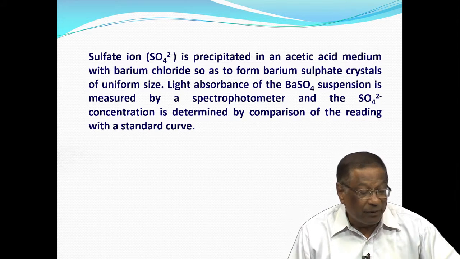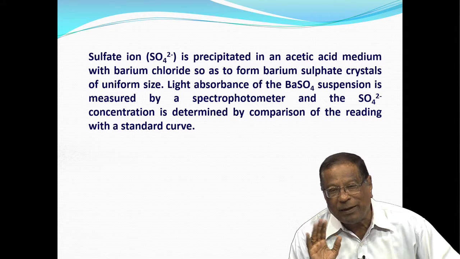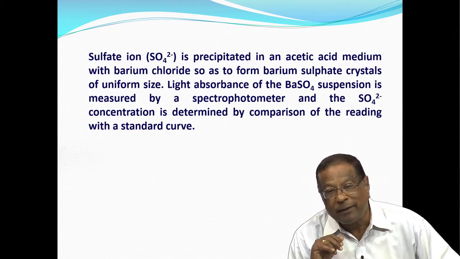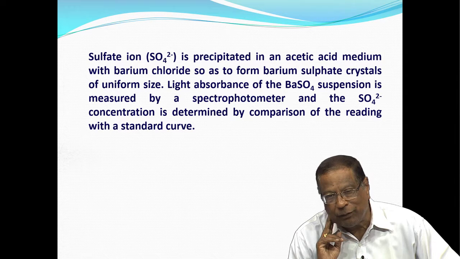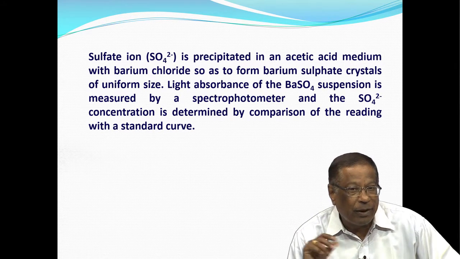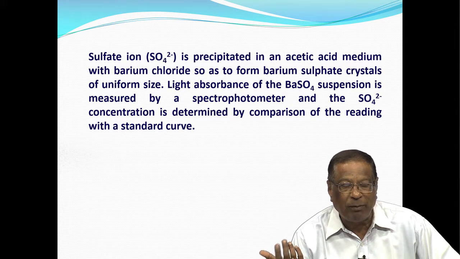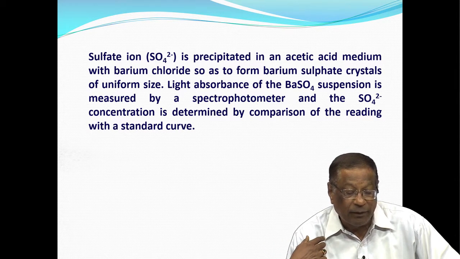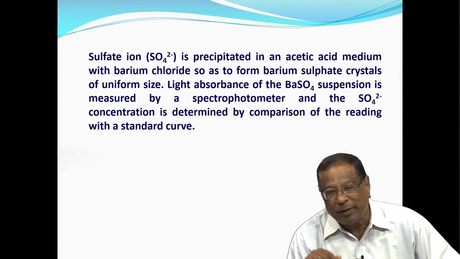See, the problem with the determination of sulphate is that the normal method for precipitation of sulphate is by gravimetry, and there are a number of other methods also for the determination of sulphate, but at ppm level you have to work harder, because the precipitate may not be in a weighable form, you may not get enough of the sample to precipitate. So, that method has been modified using spectrophotometry.